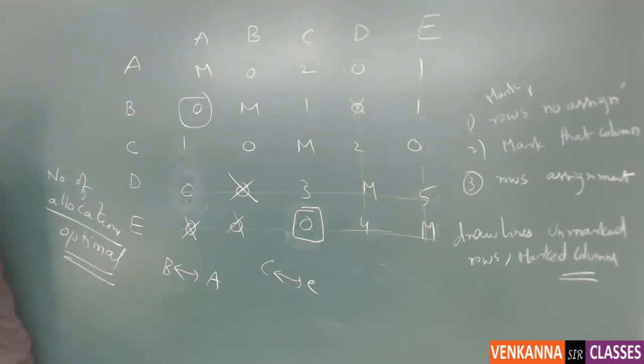Only 4 left, that is D to D itself. But D to D is prohibited, right? You cannot choose that. So does anyone have any different allocation apart from this? Okay.